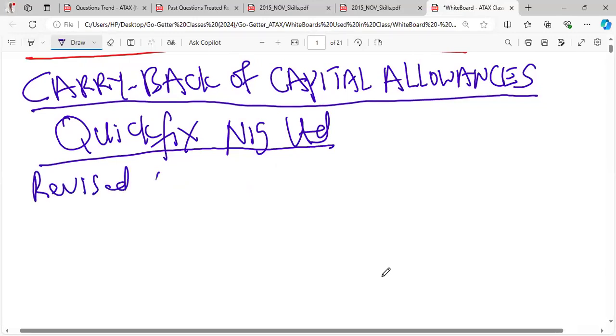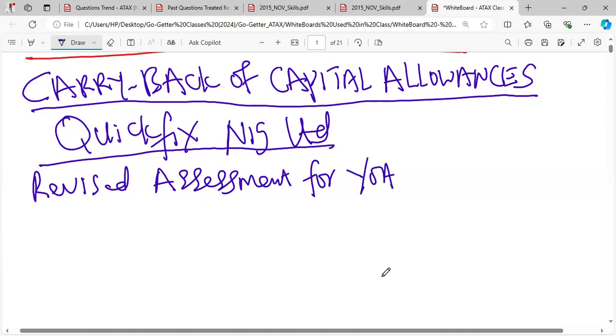Revised assessment for year of assessment. We have to count from 2013 backward. So we have 2012, 2011, 2010, 2009, 2008.